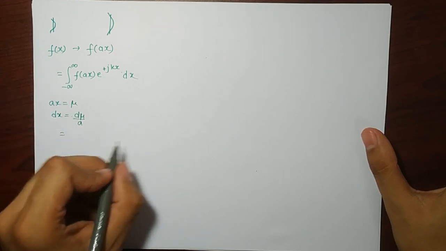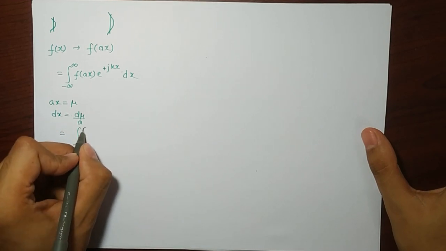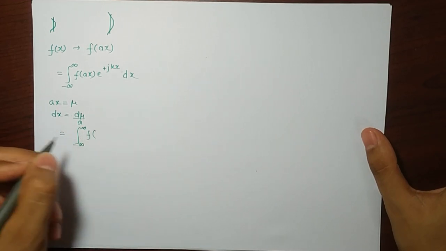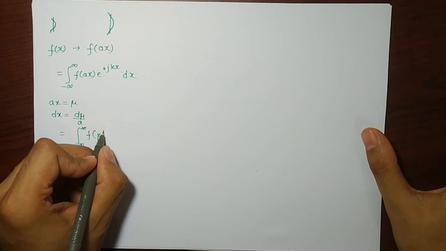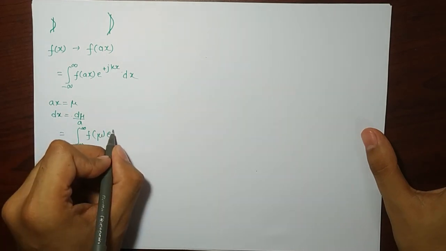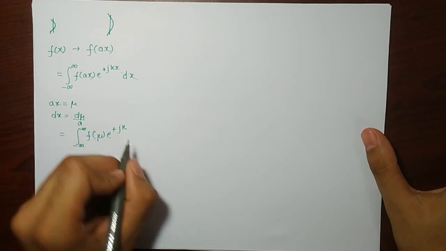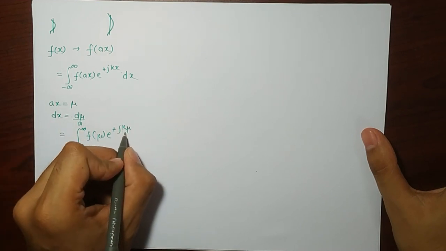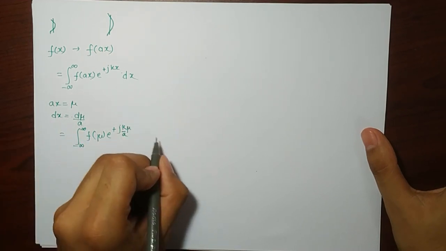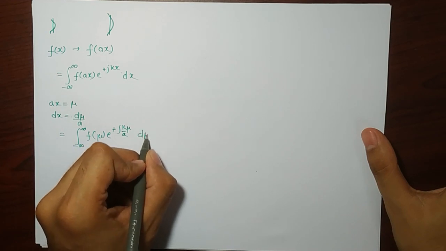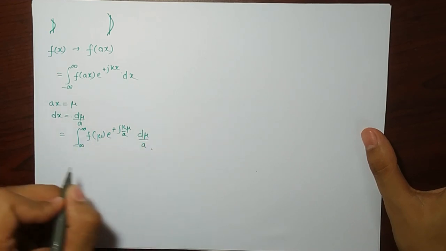Replacing this, x would be replaced by mu by a, and this would be d mu by a.